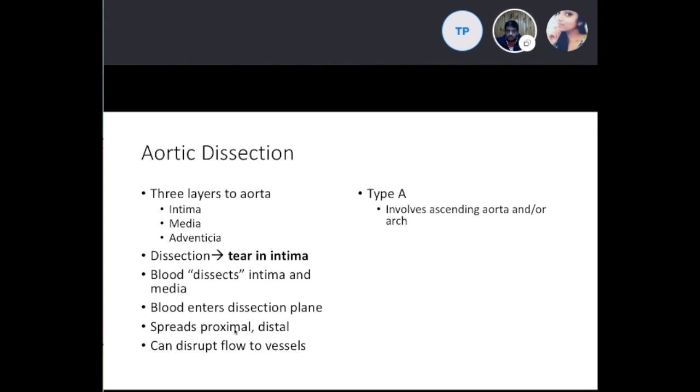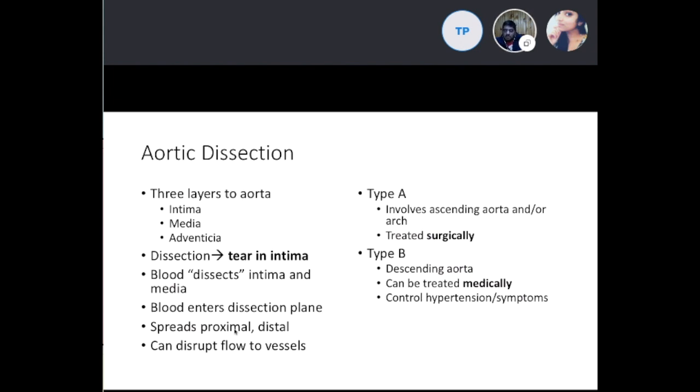So there are 2 types. There's a type A, which involves the ascending aorta and/or the aortic arch. The treatment for these patients will typically be surgery, because the mortality is very high if surgery is not performed. There's a type B, which affects the descending aorta, and that can be treated medically. That often stabilizes these patients.